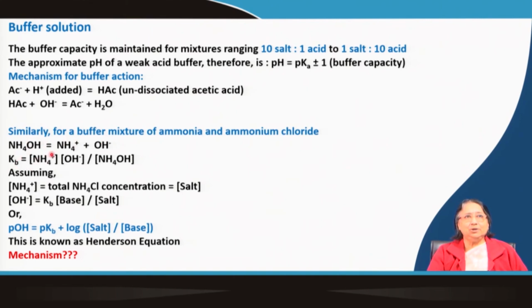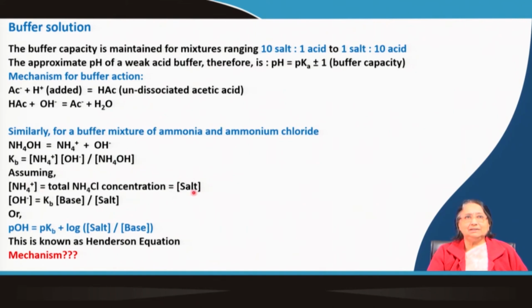Kb equals ammonium ion concentration into OH minus ion concentration by ammonium hydroxide concentration. So, changing the slides, we will get this equation, and the ammonium ion concentration is from the total ammonium chloride, because the contribution of ammonium ion from the ammonium hydroxide is very small compared to this one. That is why ammonium ion concentration is mostly from the salt.